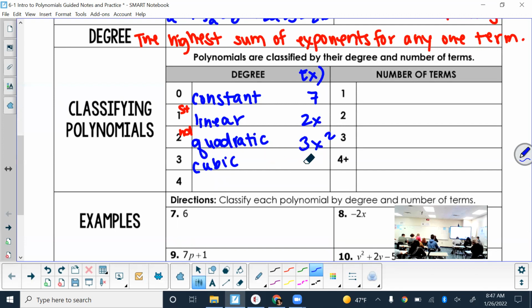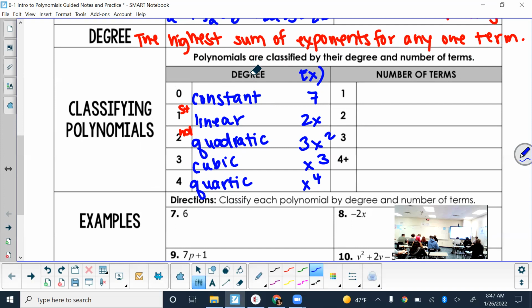An example could be x cubed. And then we have quartic, so anything with a degree of 4, like number 6. They might say it's a fourth degree, or they might say it's quartic. I've seen both verbiage on your test, so just be able to recognize it. Luckily, you do get to use your notes on practically all tests except for the retake, so just have this handy.